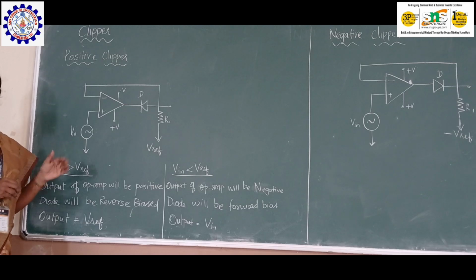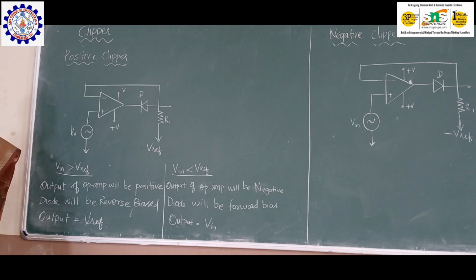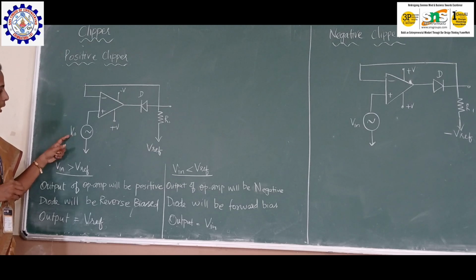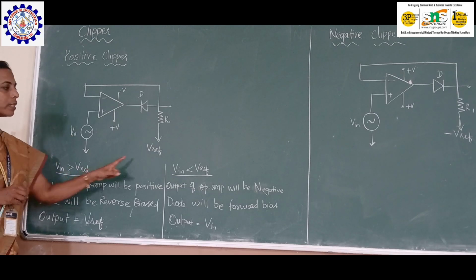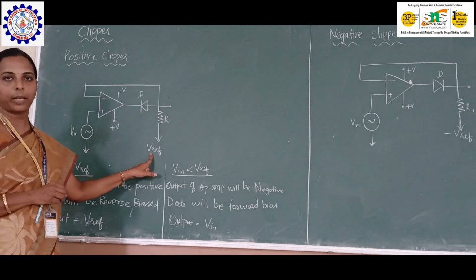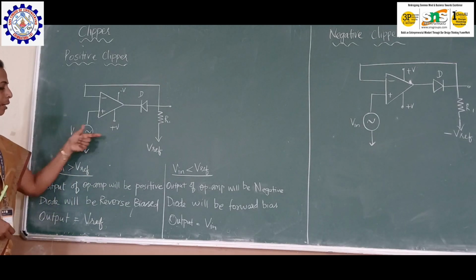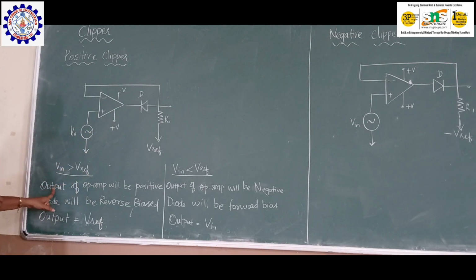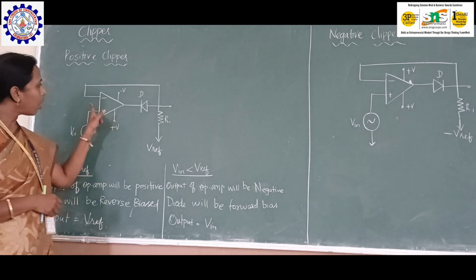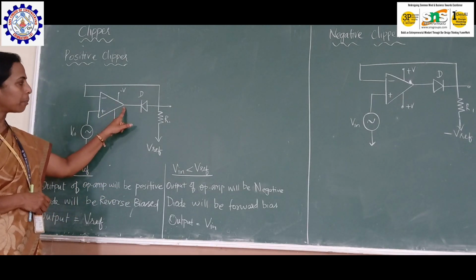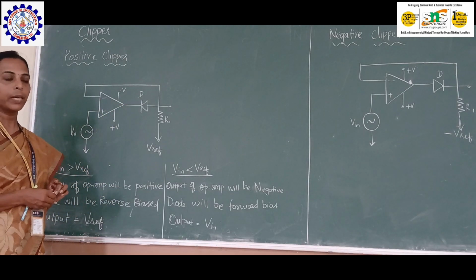Now, when we discuss the working principle of this circuit, first let us consider when the input voltage which I am giving is greater than the reference voltage at this end. Suppose my input voltage is greater than the reference voltage, then the output of this operational amplifier will be positive, right?